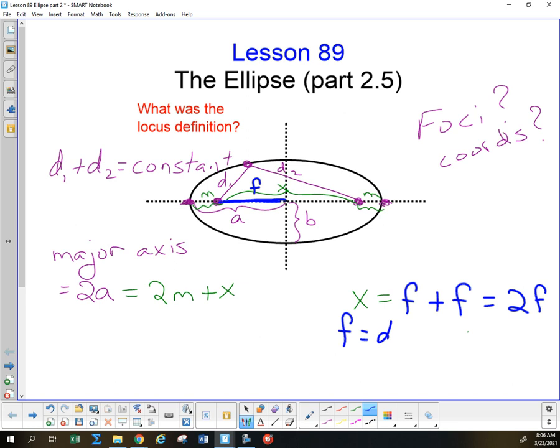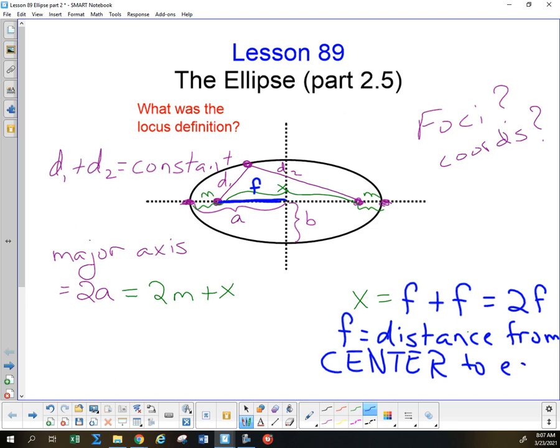It is going to be the distance from, and this part is really important, the center to each focus. It is not what I labeled M in the picture. It is not the distance from a vertex to the focus. And that's going to be really, really important for us to remember as we work on this.